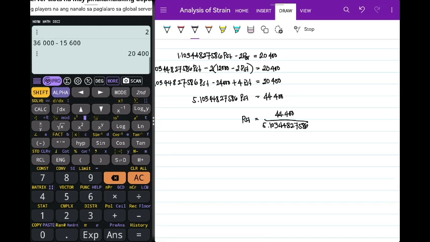Okay, so we divide 44,400 by 5.10344827586. Please refer to the calculator on the left. And that will give us 8,700.